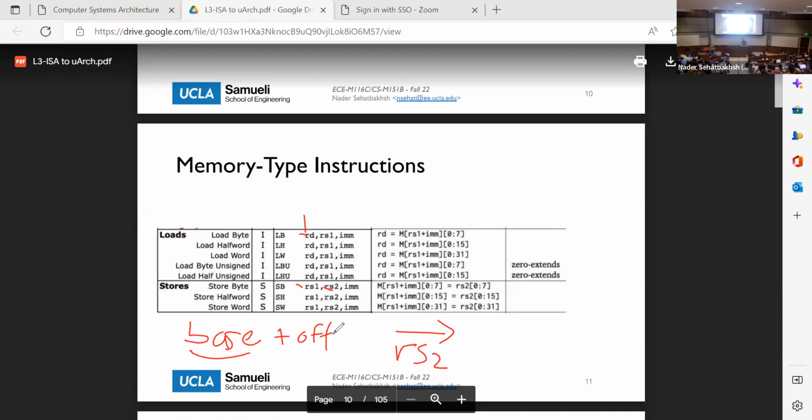Okay, so these two look very similar, but two things are kind of confusing. First of all, RS1 in this case is on the left side, and the second thing is that the RD here is now RS2, which means that in load we are writing things to RD. In store we are writing from RS2 to the memory.